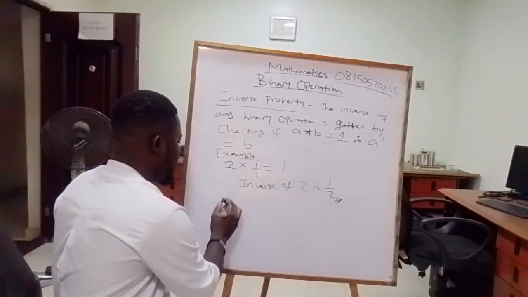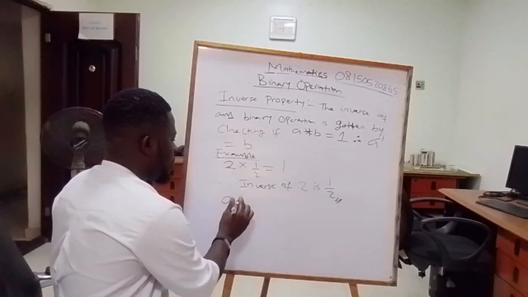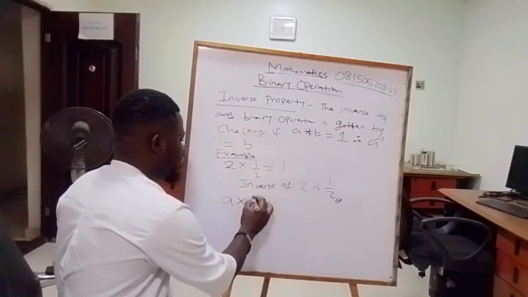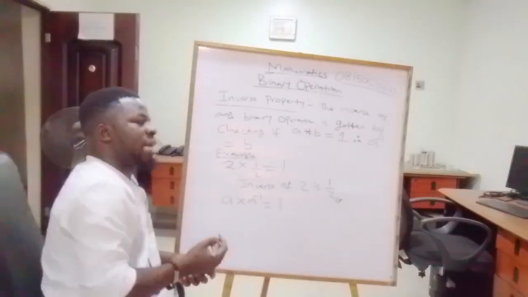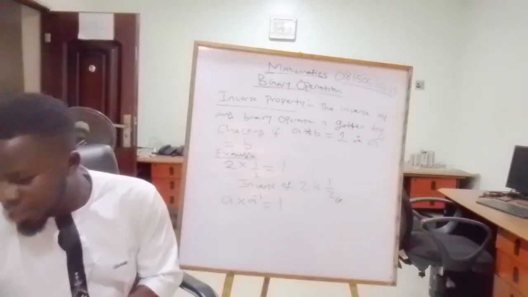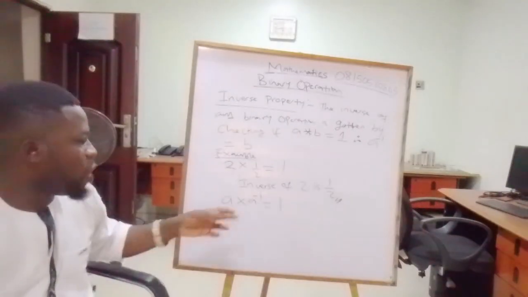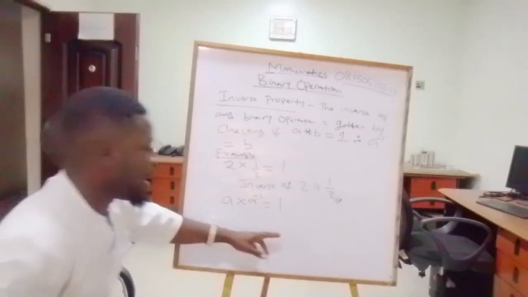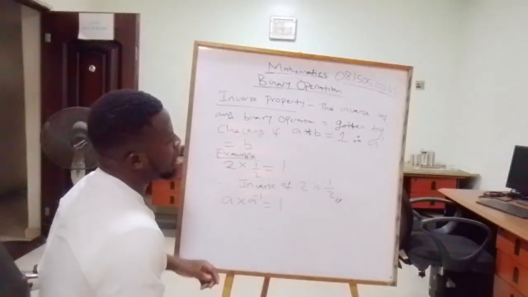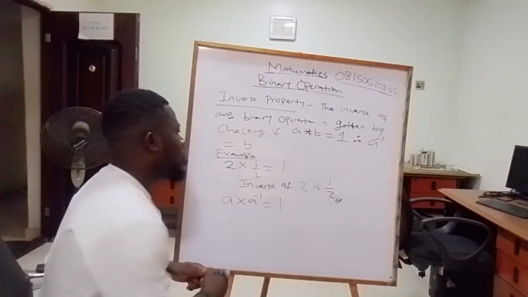Likewise, if you have A operation A inverse is meant to give you 1. So anytime that they ask you for the inverse of anything in a book or whatsoever, you are meant to get A operation this to be 1.